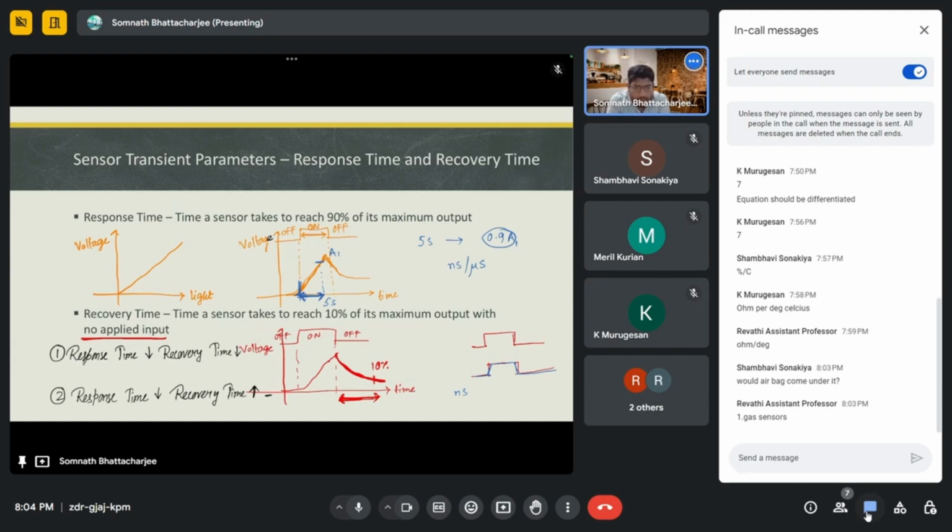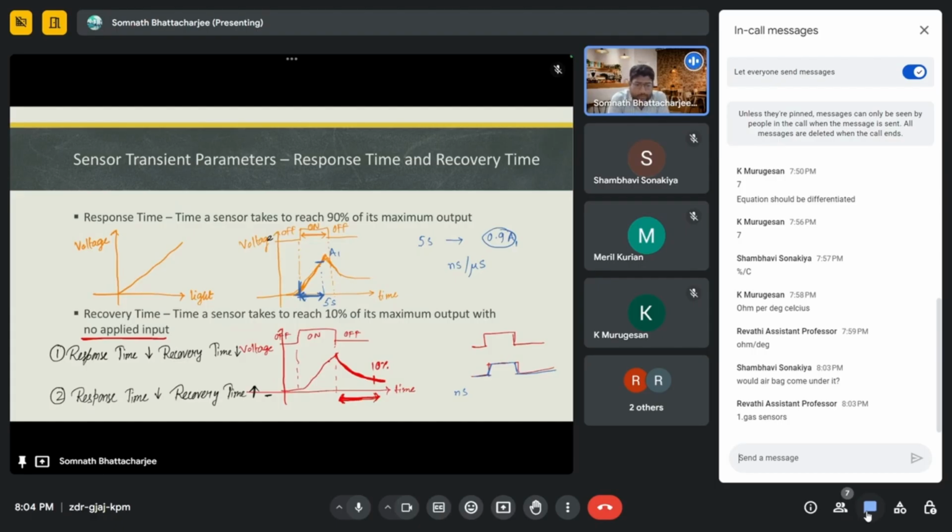Yes, it's okay. In gas sensors, the response time should be very less, yes, obviously. But why should the recovery time be very less? If there is, let's say, an outbreak of ammonia gas inside your room, your sensor should tell you that there is a leakage of ammonia gas and you should run away. So it's not necessary to have the recovery time very less because anyways you are not in the room, right? It can recover after a few minutes, like 5 minutes, 10 minutes. It's fine, right? You don't need the sensor right away.